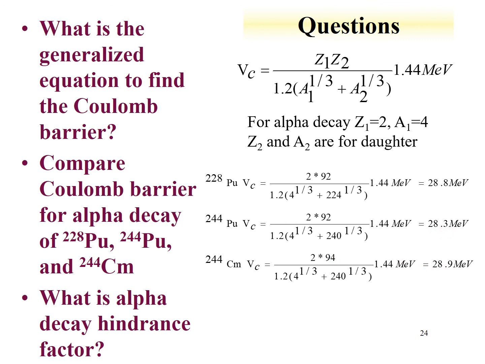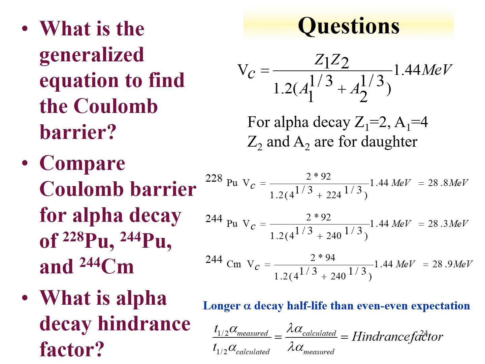Then a final question you should be able to answer based on the lecture is, what is the alpha decay hindrance factor? Alpha decay half-lives tend to be longer than expected based upon models developed for even isotopes.